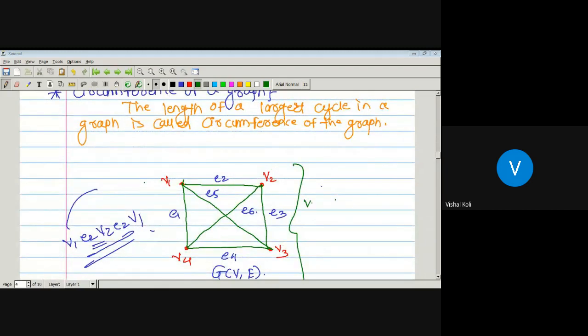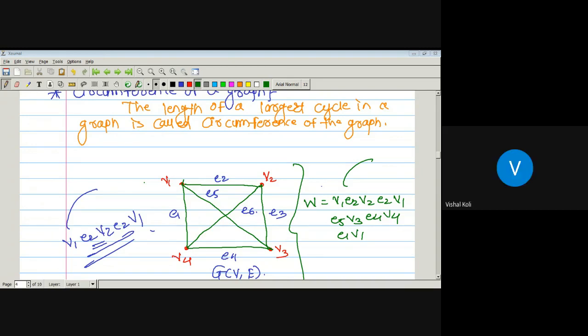Take W as V1, E2, V2, E2, V1, E5, V3, E4, V4, E1, V1. This one is a closed walk.